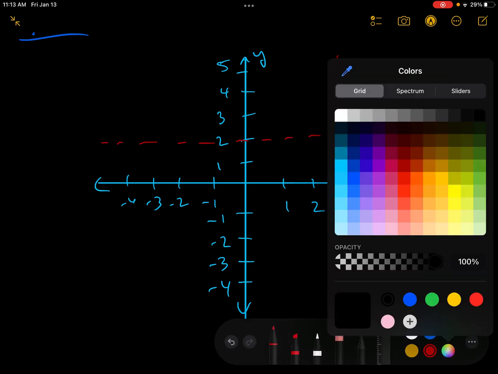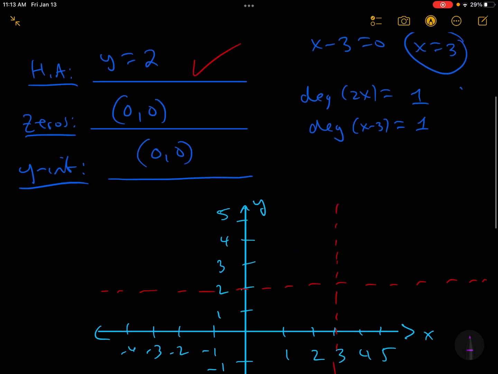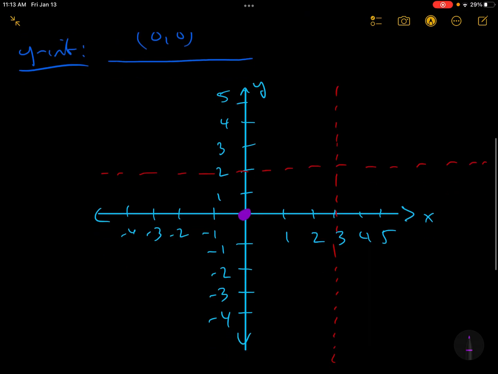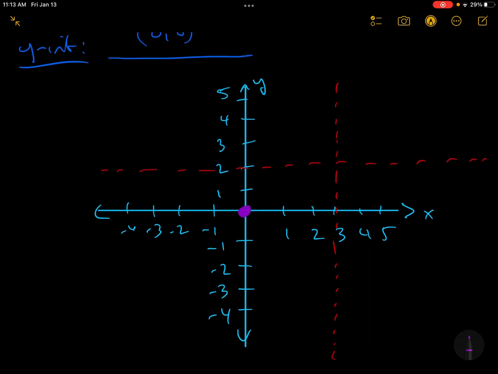Now we're going to get a cool color like purple and plot our zeros and y-intercept. There's only one of them, and it's this guy. Okay. So what we know is along an asymptote, you always emanate from there. So we're going to come up like that, and then as we go to minus infinity, we have to do that.